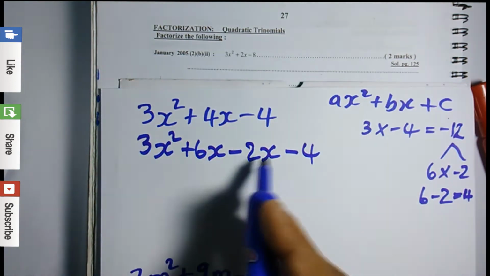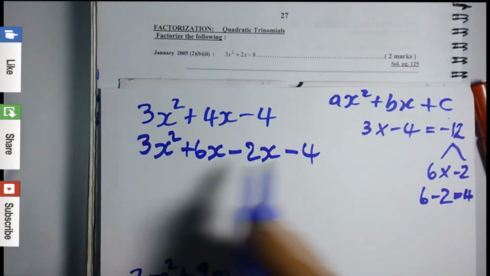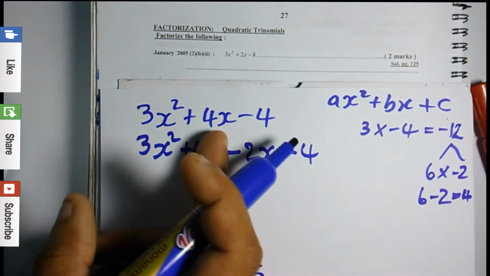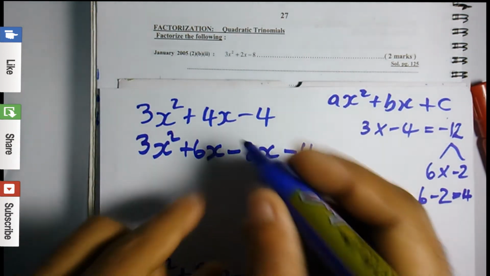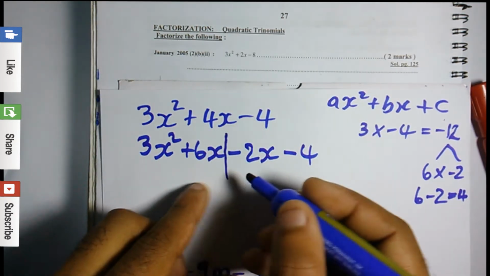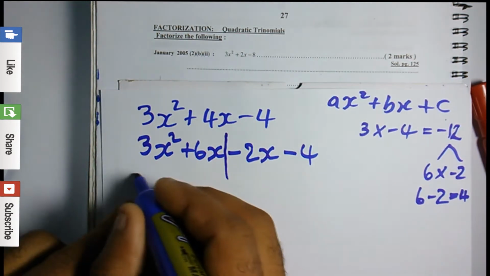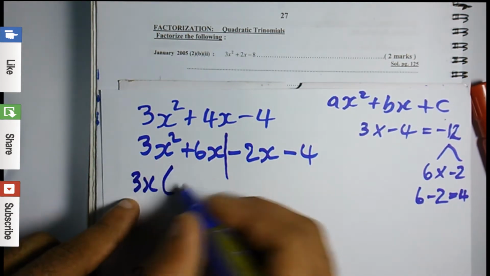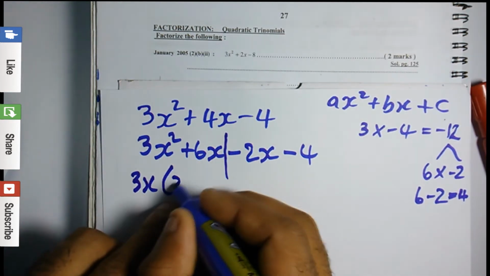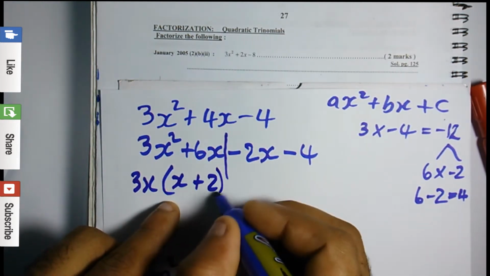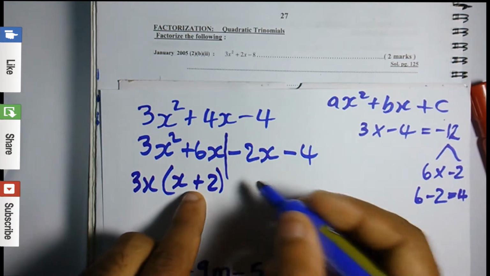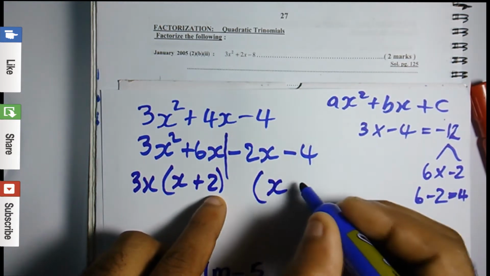Now with these two middle terms, remember, when we simplify them, we should get 4x. We're going to factorize by grouping. The first pair, what's common? 3x. What's left inside the bracket? x plus 2. Remember, anything in this bracket should be in the bracket on the other side.